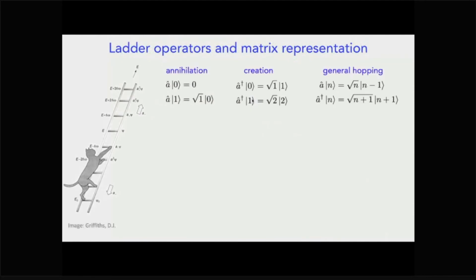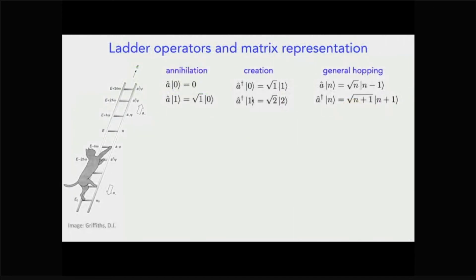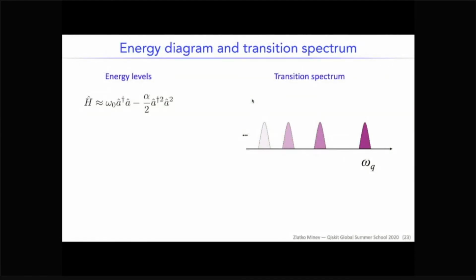Oh, and I think we covered that yesterday, so that's a reminder that the annihilation, creation, and hopping operators have these relationships. And the reason I'd like to remind us of that is that we have just explained that using frequency, we can isolate the qubit in this frequency range.